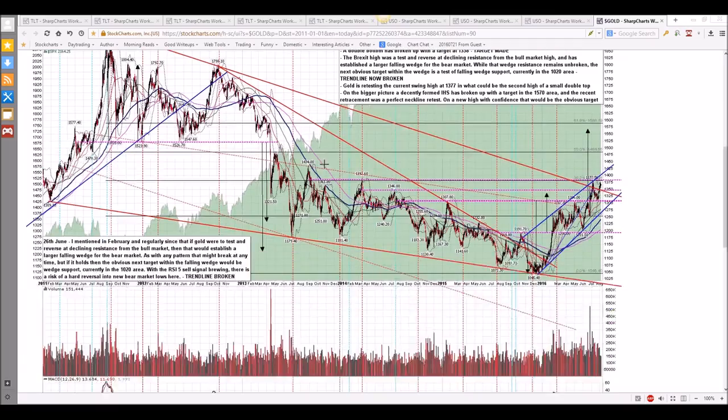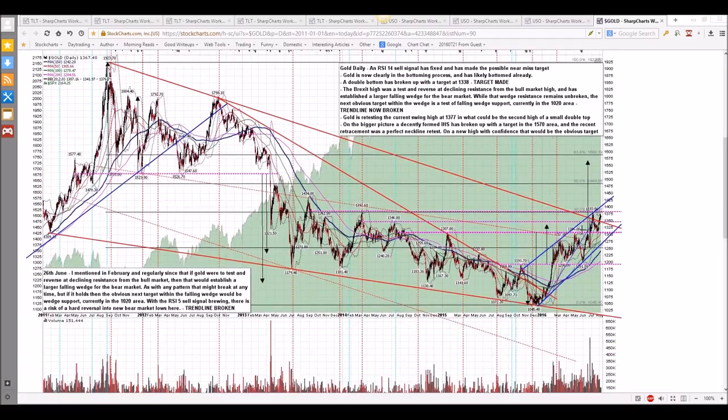I just wanted to mention this, right? In the event that we made a new high and got over 1400 with some confidence, in that case, I would alert you to this. This is a possible left shoulder. This is a possible head. This is a possible right shoulder, a bit undersized.